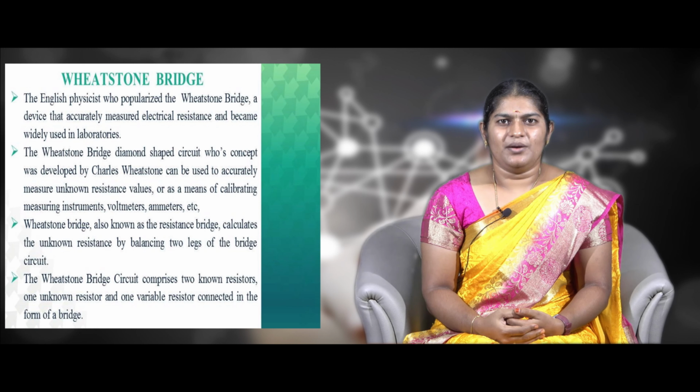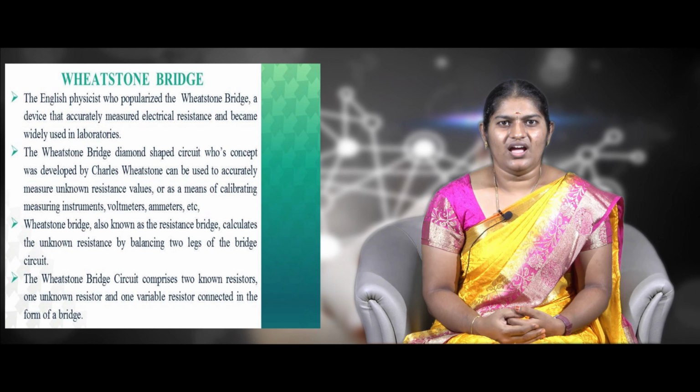The Wheatstone bridge comprises 2 known resistances, 1 unknown resistance and 1 variable resistor, which are connected in the form of a bridge circuit.